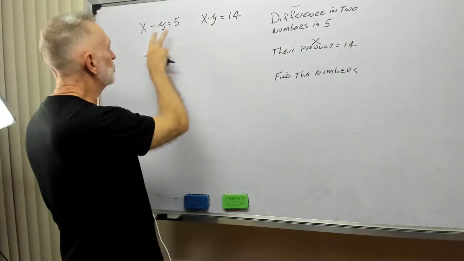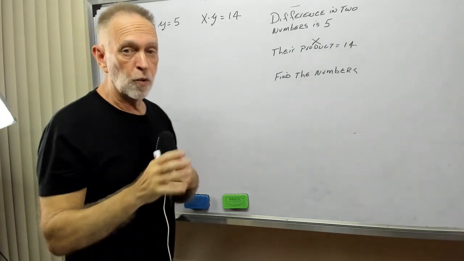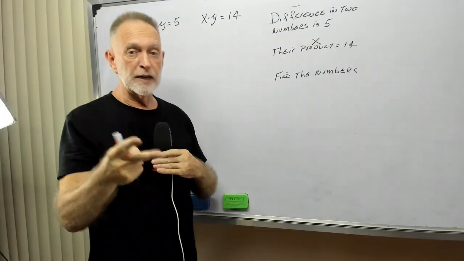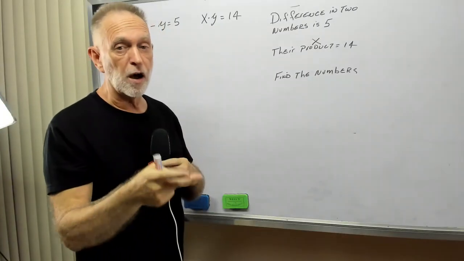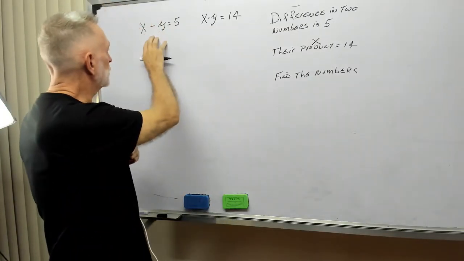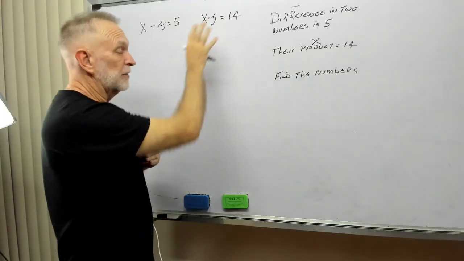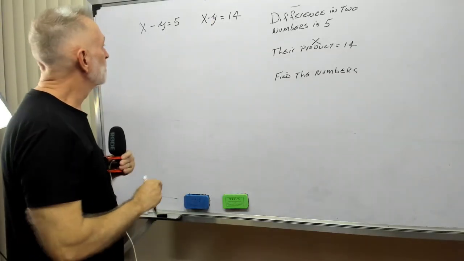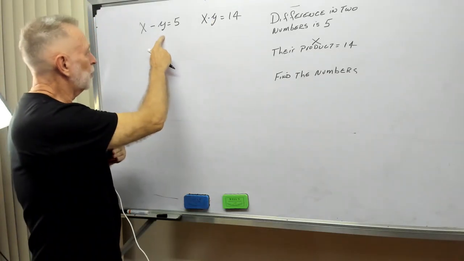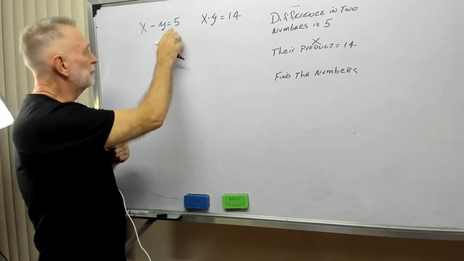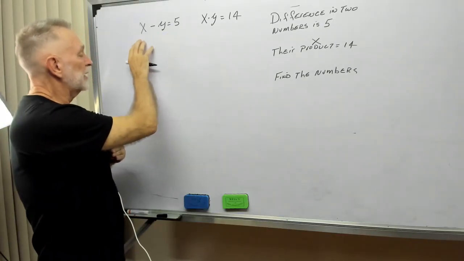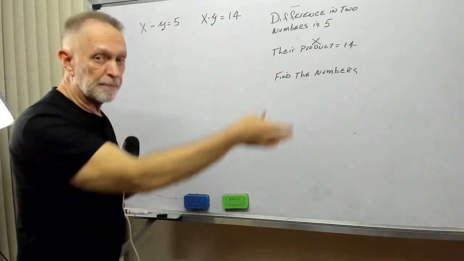Now I have two variables that I don't know, so I need two equations to solve for them. And I have those equations. I can take the first equation and add 5 to both sides so that I have X equals something.